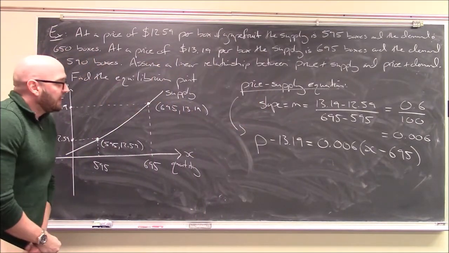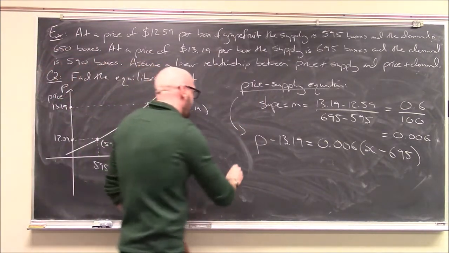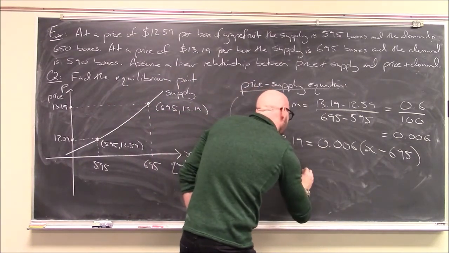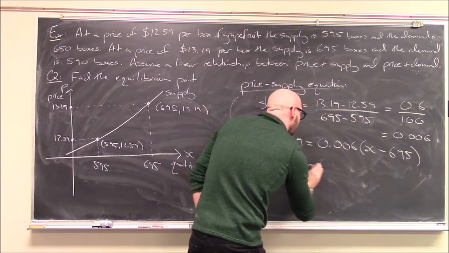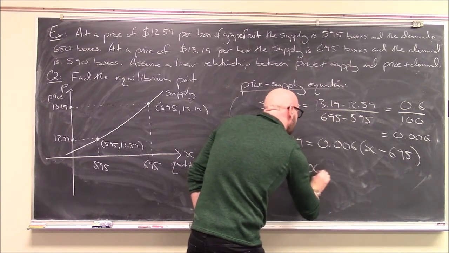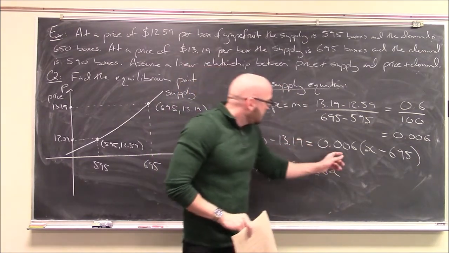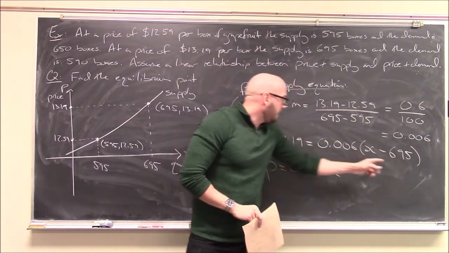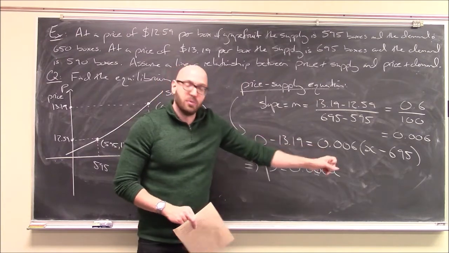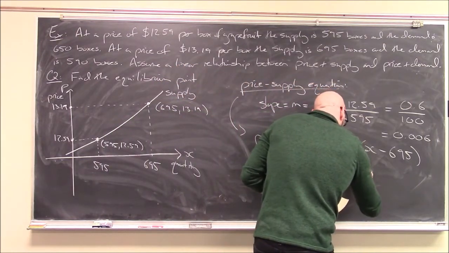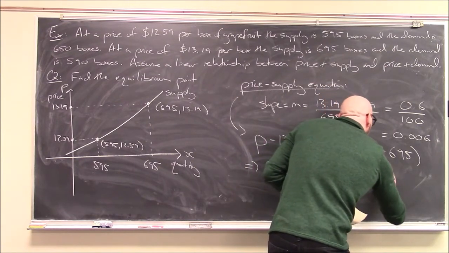I probably want to write this as p equals, so let's rearrange this. P equals 0.006x minus 0.006 times 695 plus 13.19. I've already worked out what that is, you can double check this if you want. This is plus 9.02.